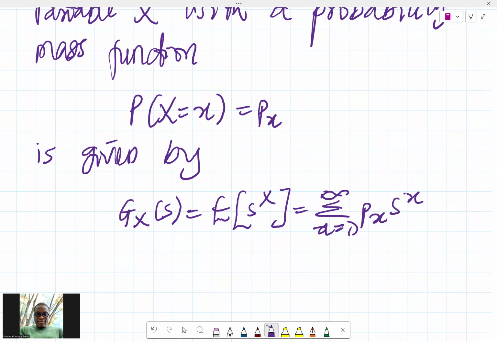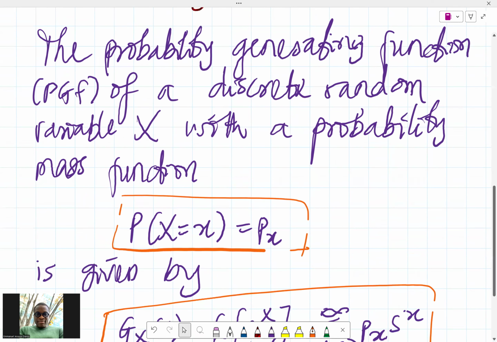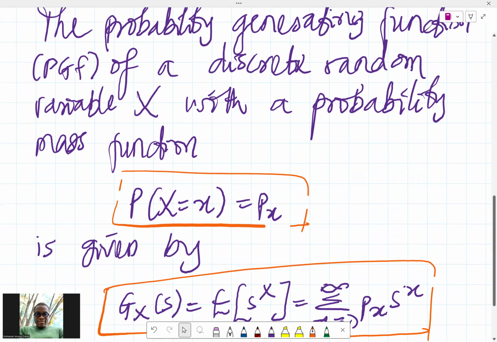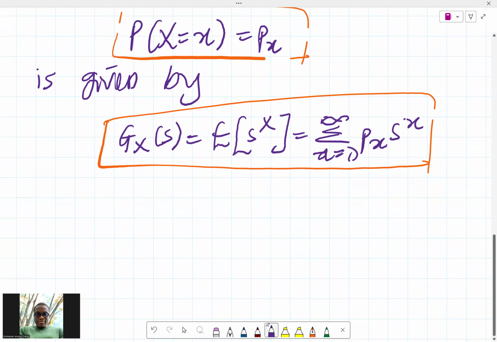So that's how that goes. This is a very important expression to pay attention to. So that's the probability generating function. Those are the basic definitions now.